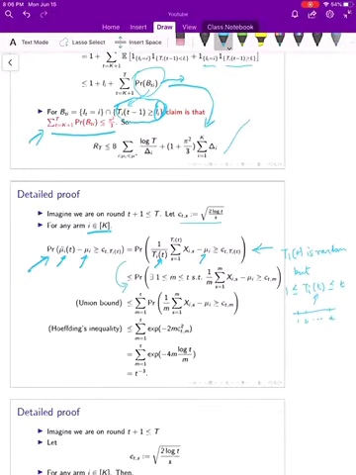So conditioned on Ti of t being equal to m, we can write it in this way.